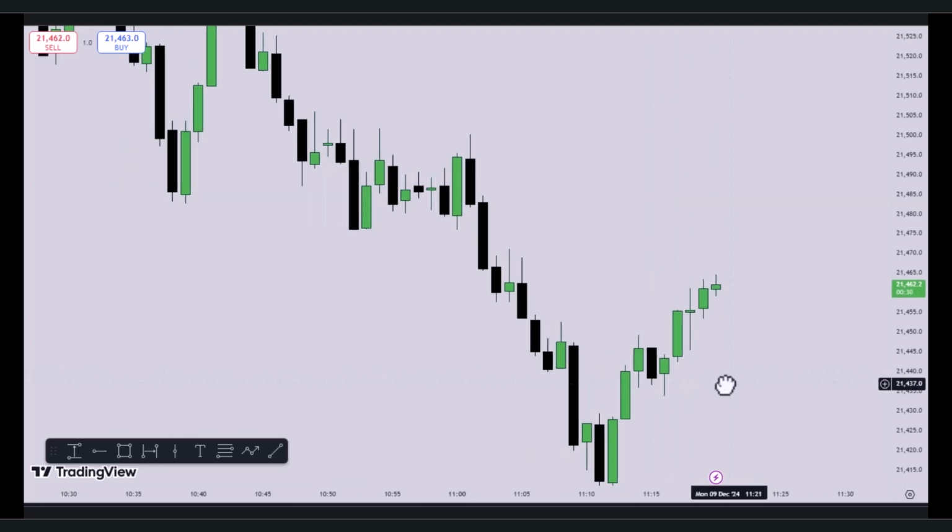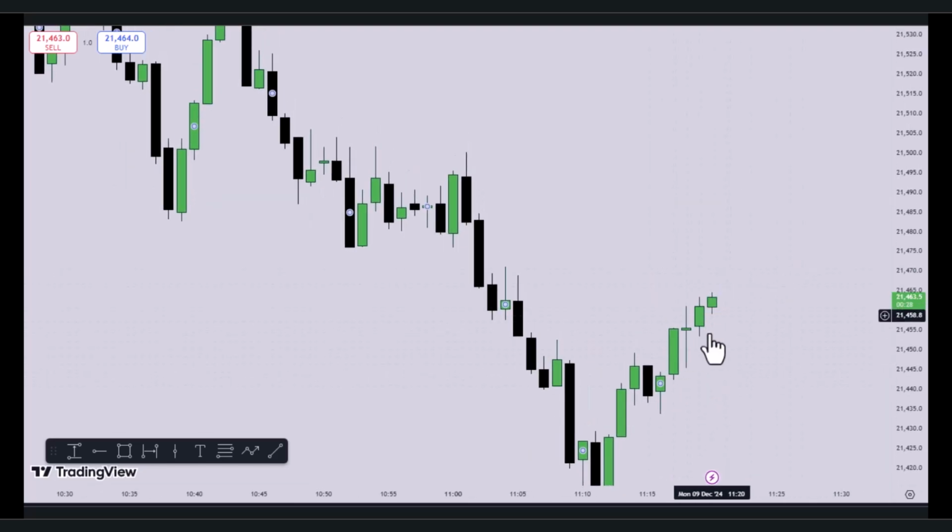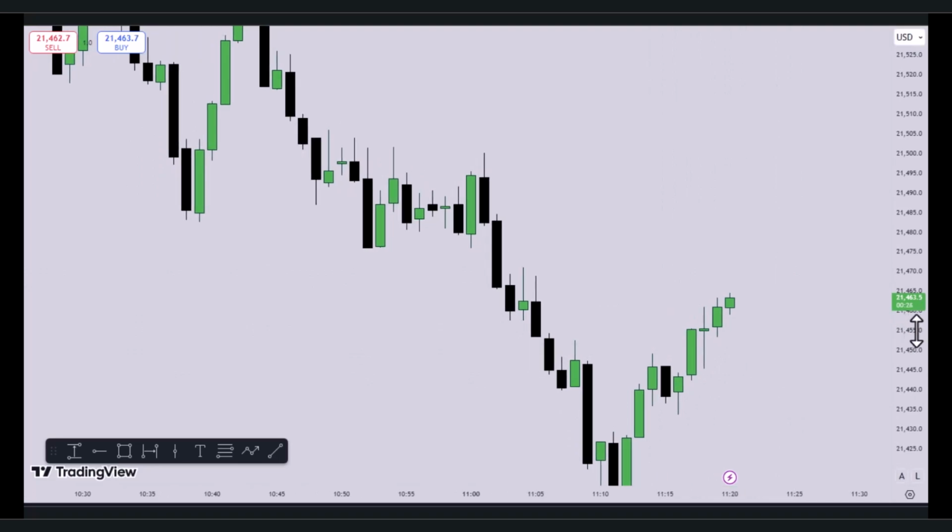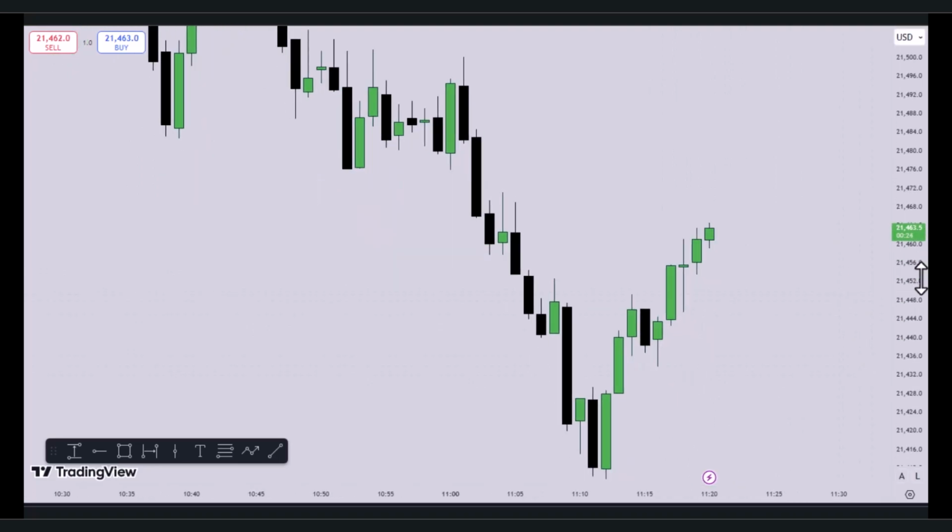Alright, I want to see just one bearish candle so that the examples are valid and we can move on to something else. I think if that turns bearish, nope, it's not turning bearish.